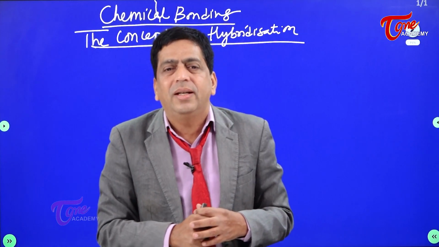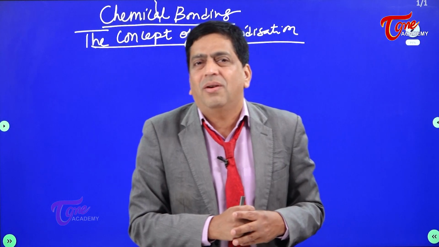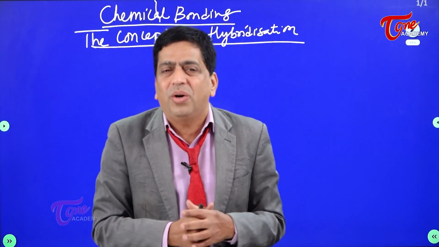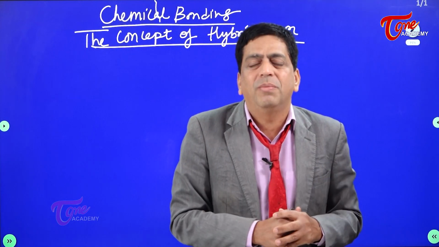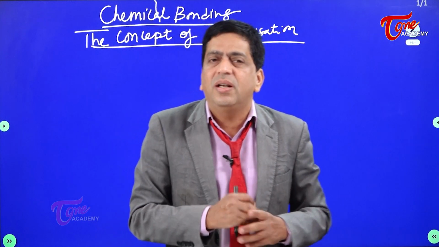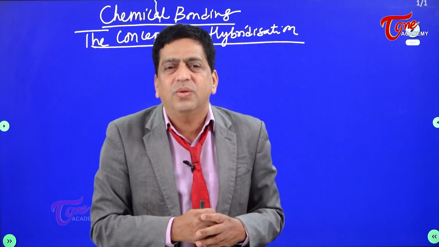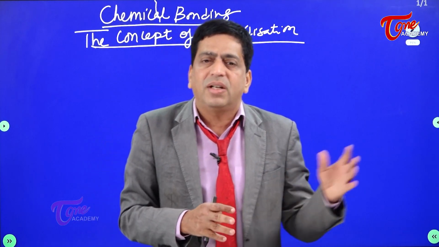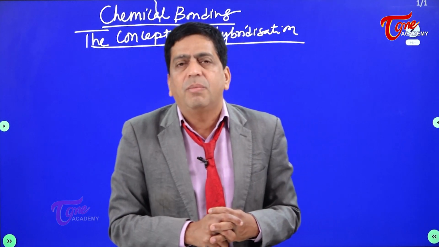Valence bond theory, that the projection of p onto s is absolutely not fixed. So what happens? The bond angles are not fixed, the shapes are not fixed. So we face problems with polyatomic molecules. Linus Pauling's valence bond theory could not explain all these molecules. It is fantastic as far as diatomic molecules are concerned, but for polyatomic, it not only fails but miserably fails.